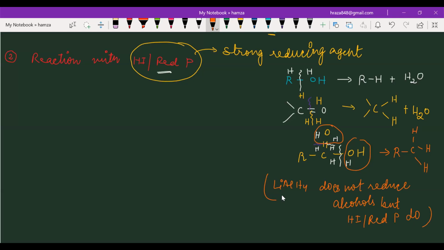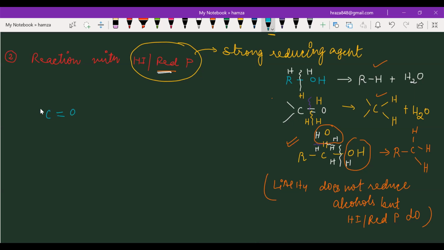It is also a very strong reducing agent. But you can see that HI with red phosphorus reduces alcohol to alkane, carbonyl compounds, that means aldehydes and ketones, to alkane, and carboxylic acid, which is also a carbonyl compound, to alkane. Now I am going to write the reaction for this.